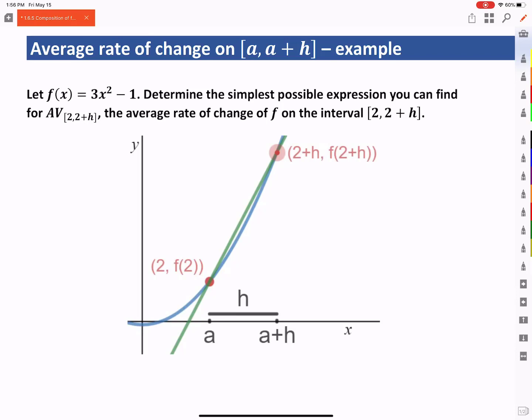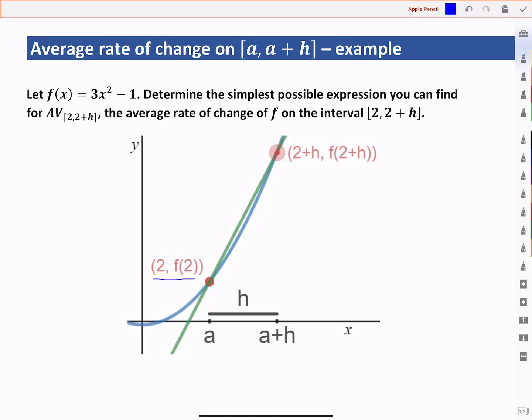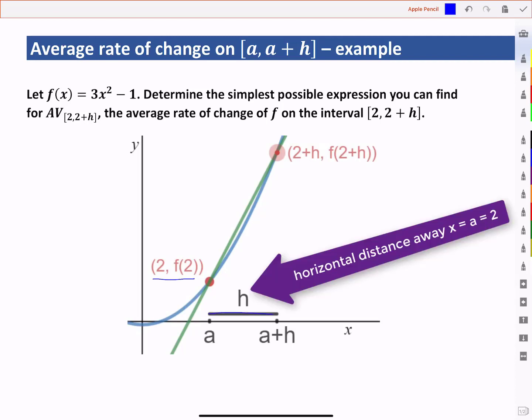Finding the average rate of change of f on the interval from 2 to 2 plus h means that graphically we are going to find an equation that tells us the slope of the line joining the point 2, f of 2 and some other point that is a horizontal distance away from x, and that horizontal distance is h.